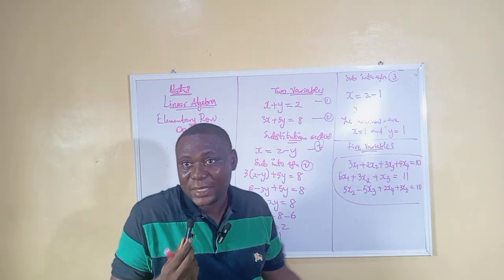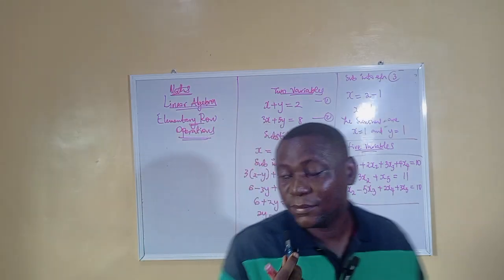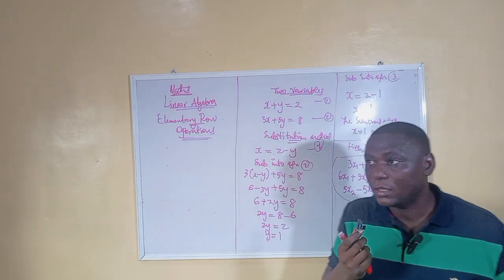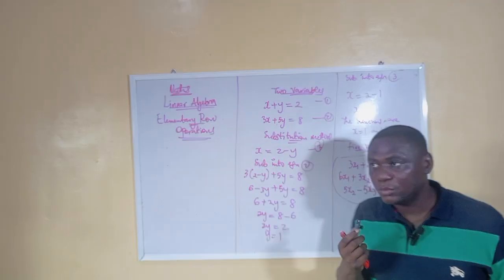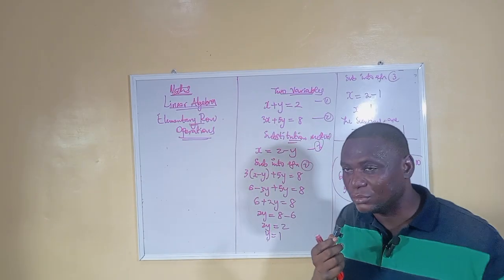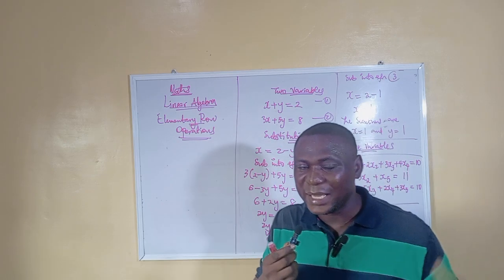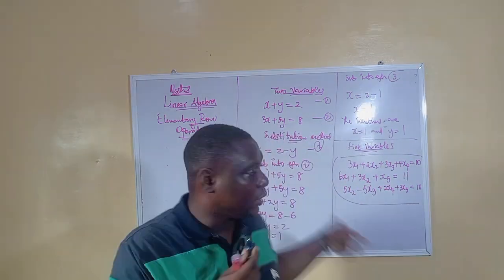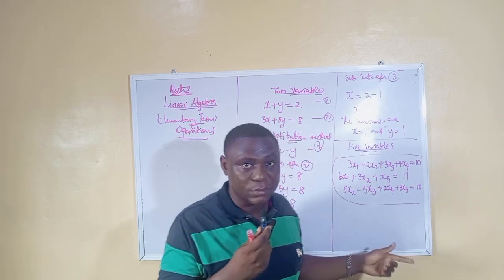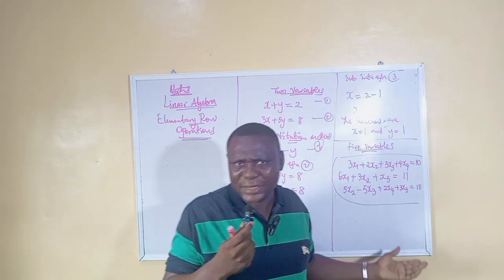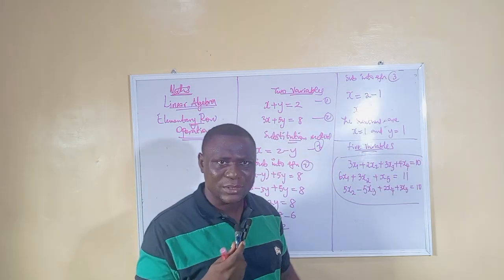To solve for five unknowns, we would have loved to have five equations, but sadly, we only have three.